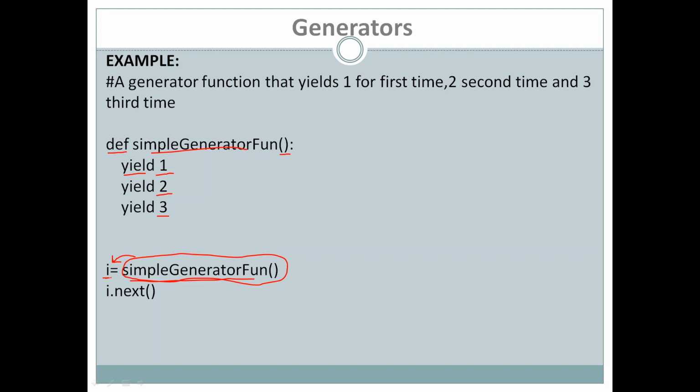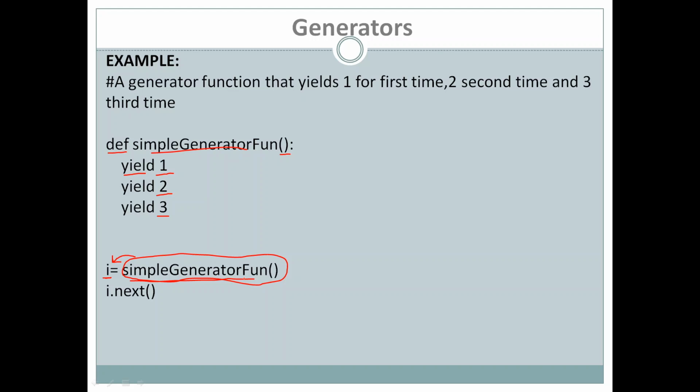Now using that generator object we can call the next method. The next method in turn calls the function here. Like a regular function, we cannot call a generator function in that way. Generator functions are called by using the next method, but when you simply call the function name, it will return a generator object, or you can say an iterator object.